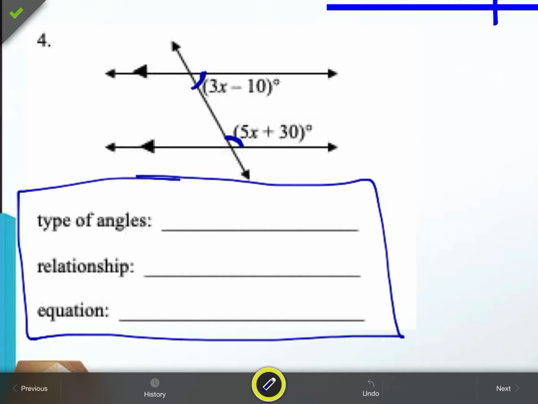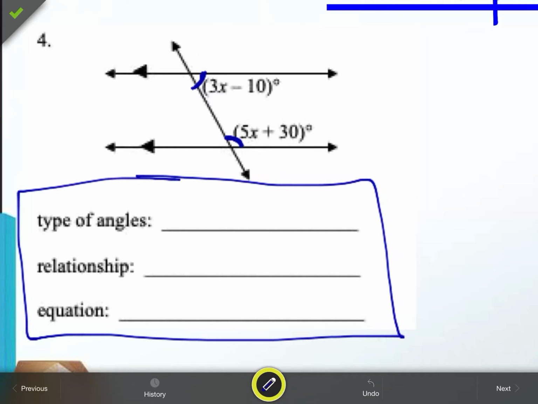Complementary, supplementary, vertical. All right, so what kind of angles do we have? Again, we look at the picture. Oh, they're on the same side of the transversal. So that basically eliminates your alternates. Where are the angles located? They are both inside my parallel lines. Excuse me, I just choked on my spit. Sorry.